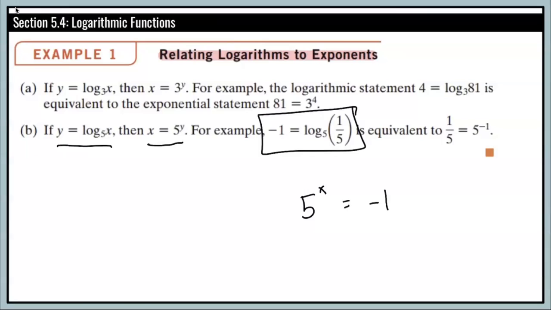My bad. We're saying 5 to the power of negative 1 is equal to 1 over 5. So 5 to this power gives you this. It's a little confusing, but the more you practice it, the easier it'll get.